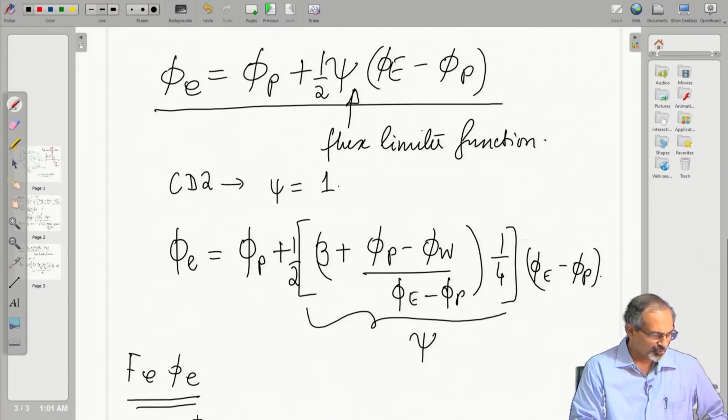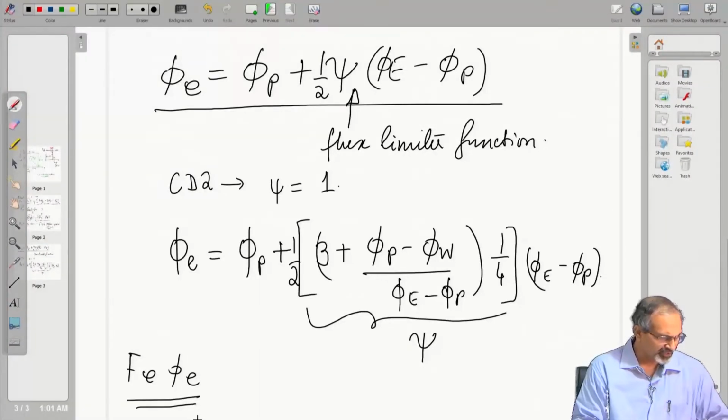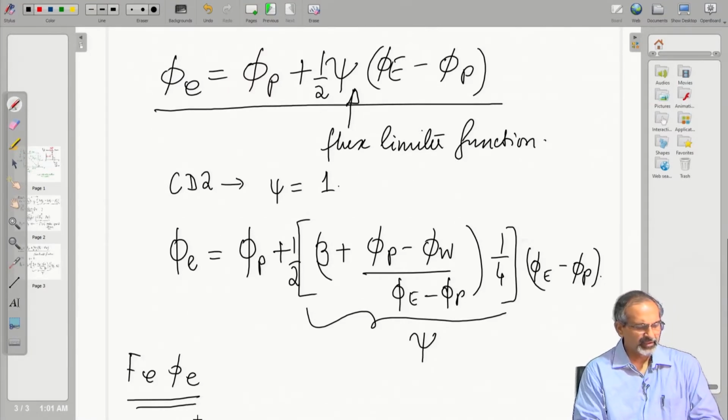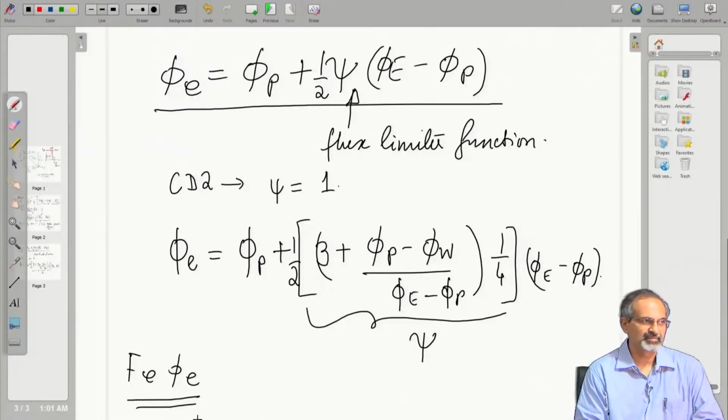That additional contribution is actually carrying some information about the gradient of the transported quantity phi at the east face. The moment I take a difference phi e minus phi p, I am actually talking about a gradient at that east face.